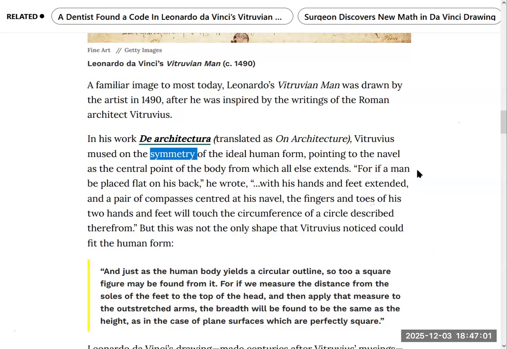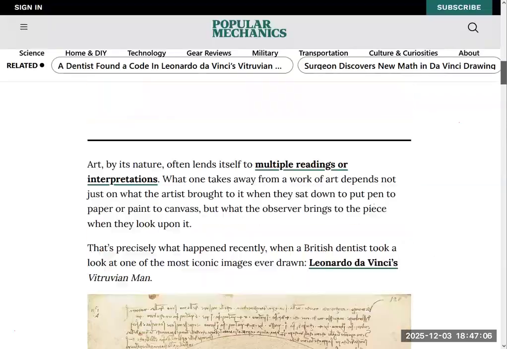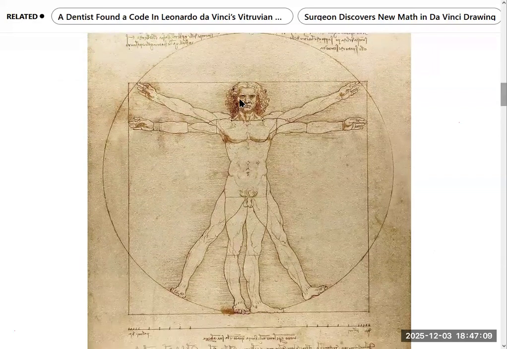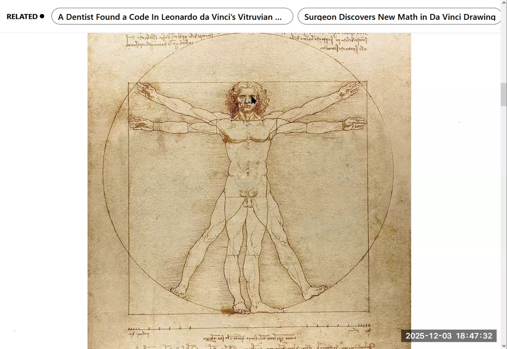So symmetry here is, if I go back to that drawing, if I draw a line down the middle of this man here, there's a symmetry from the left side to the right side. What's exactly on the left side is like an exact mirror image on the right side. If you think of the face, you've got one eye on one side and the other eye on the other, and if you draw a line down the middle, one half of your nose is pretty much the same as the other side.